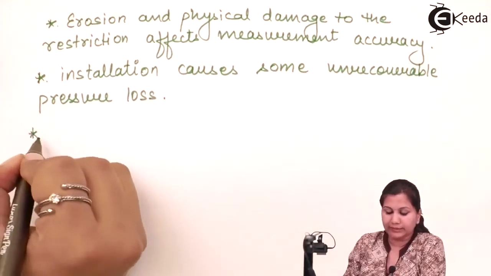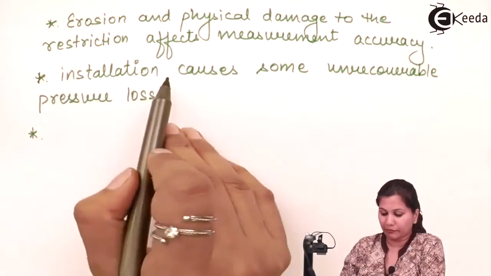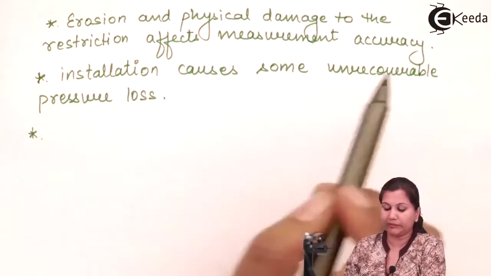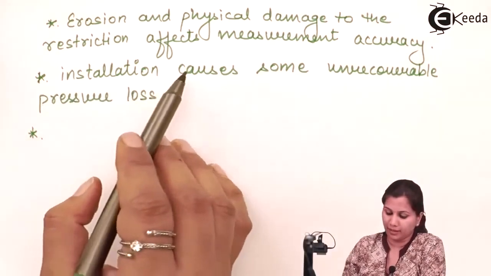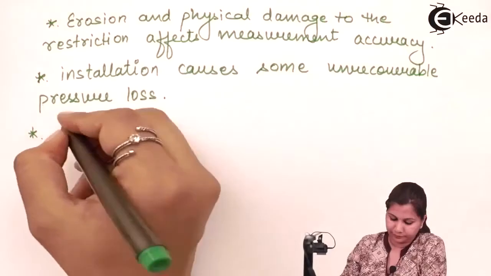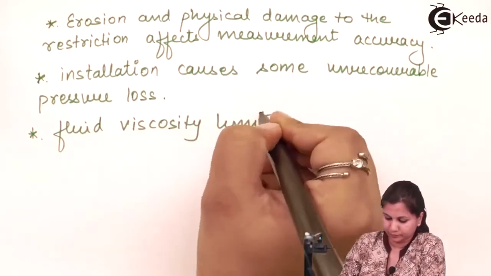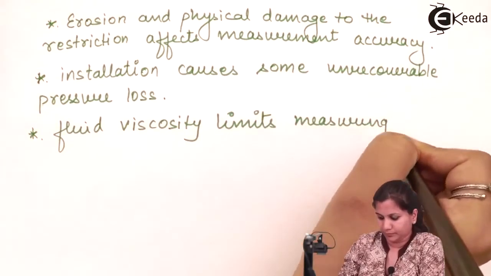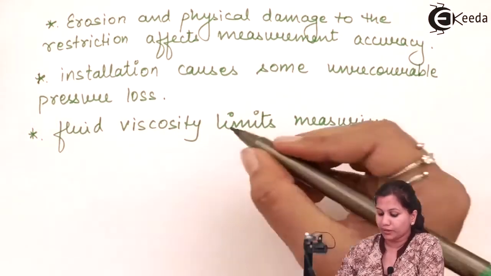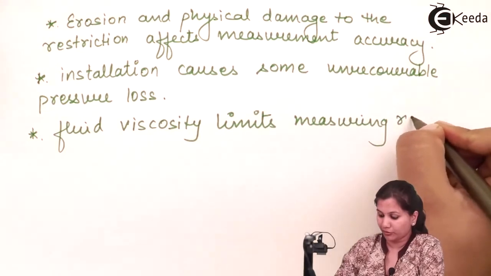While installing these orifice plates, at the time of installation, some unrecoverable pressure loss can occur. The viscosity of the fluid also limits the measuring range.